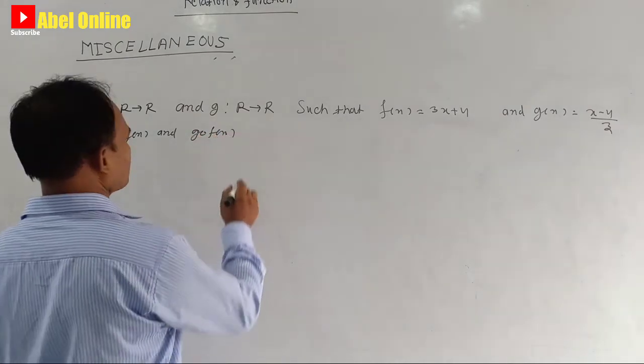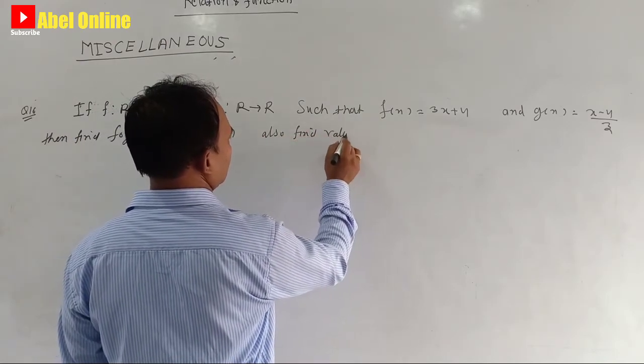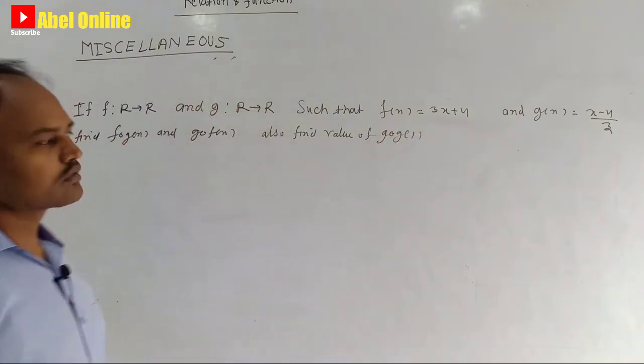Also find the value of gog 1. Okay, this is the question.